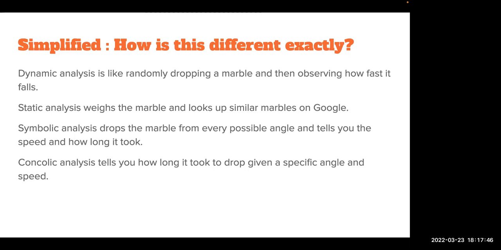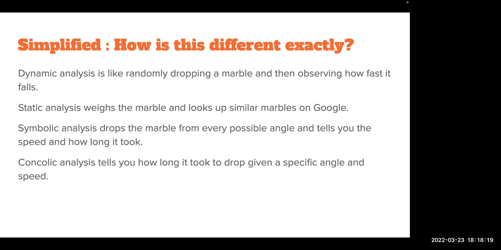So dynamic analysis, you'd be kind of chucking the marble, seeing where it lands, or observing how fast it falls. Static, you weigh the marble, you maybe look up similar marbles on Google. Symbolic analysis, you take that marble and you do the math for it. So you'd weigh the marble, I don't know, I never took physics, so that's probably a bad example.